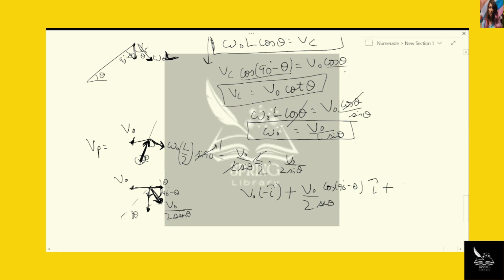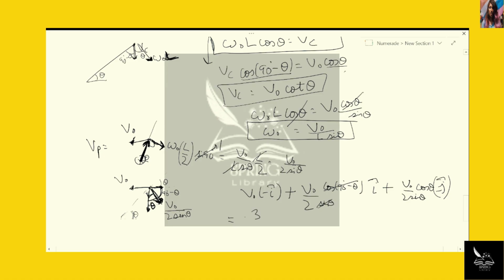And that will be V naught over 2 sine theta. So this is 90 minus theta, so this is theta, so this is cos theta. This times minus j, which is equal to, so cos 90 minus theta and sine theta cancel.